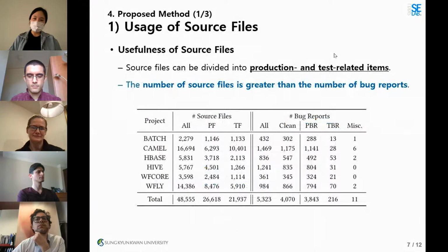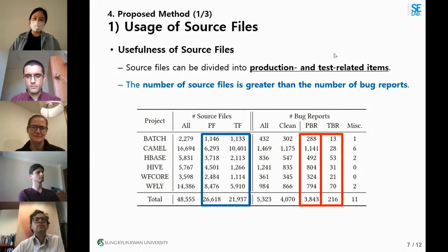To solve these problems, we propose to use the source files to train the automatic bug report classification. Source files can be divided into production and test-related items. The number of source files is greater than the number of bug reports, and especially the number of test files is significantly larger than the number of the test bug reports.